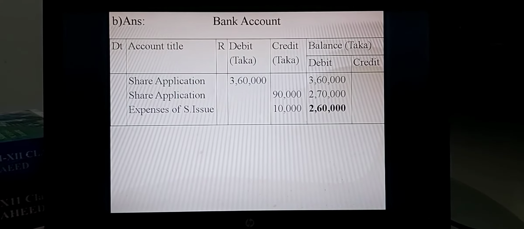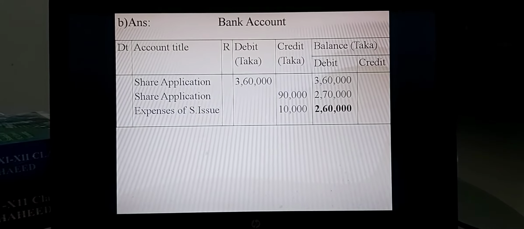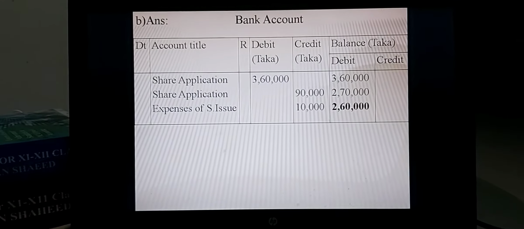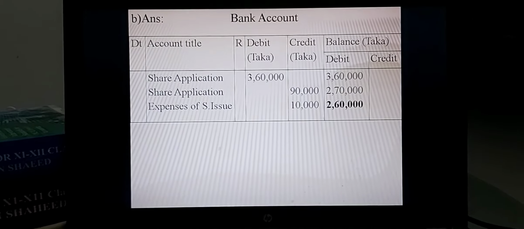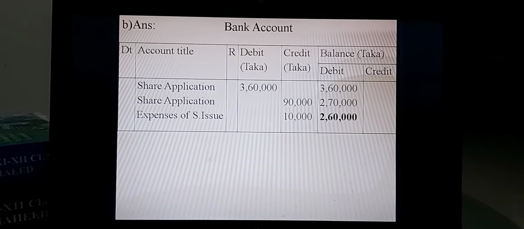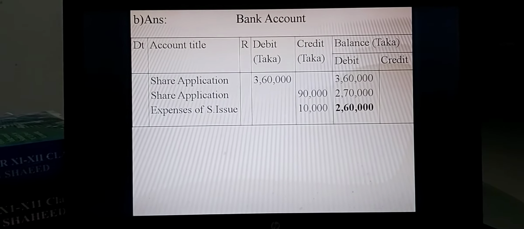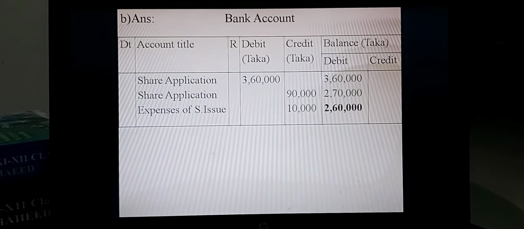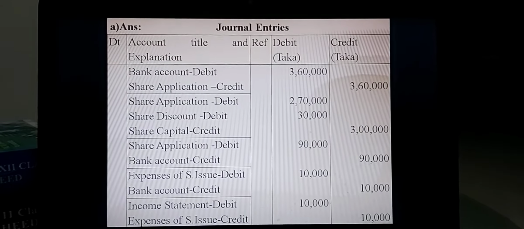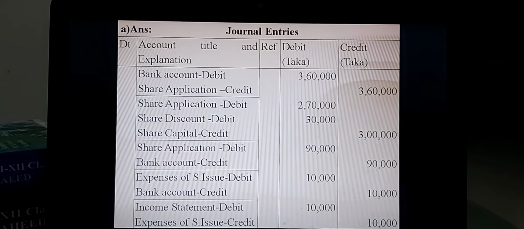When you prepare a bank ledger account, all transactions are related to the journal entries. Now you can take the journal entries for posting to the bank account. You can see in the first journal, bank account debit, share application account credit for Taka 3,60,000.